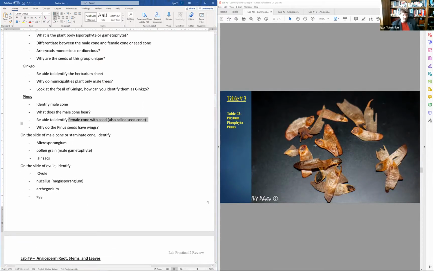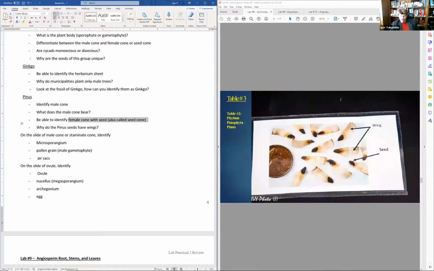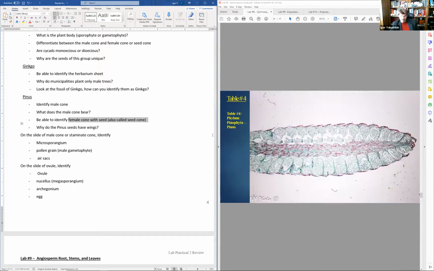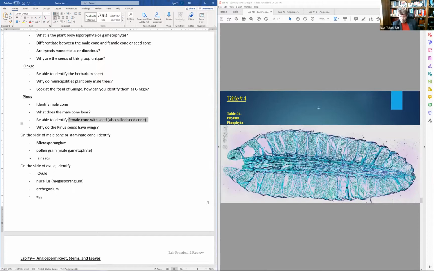On the slide of the male cone, the staminate cone, identify the microsporangium. So here we go. Male cone, cross section. Now we need the microsporangium, a single part right here. That's a microsporangium producing pollen grains, right?